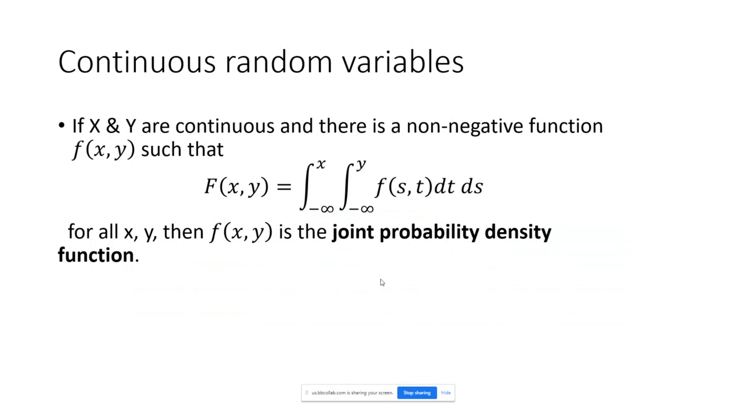All right. So this gives us a way to get to an idea of joint probability density functions for continuous random variables.